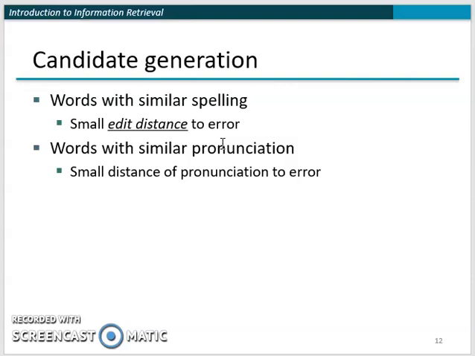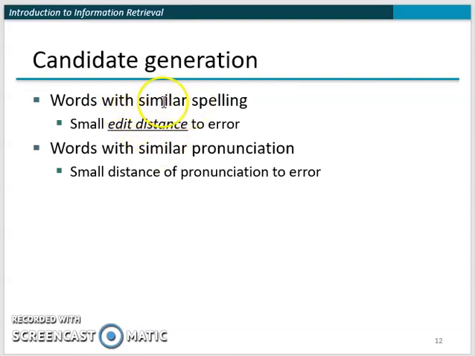The most probable candidates would be the words with similar spellings to this actual error. There is a high possibility that the user made some typing error while typing the word, so the actual word wouldn't have spellings much different from this error word. So how can we find these words with similar spellings?